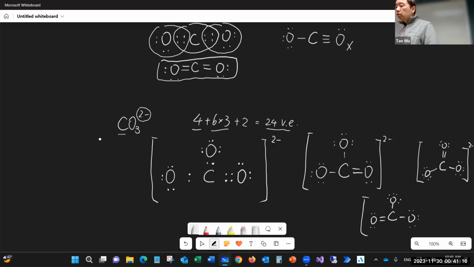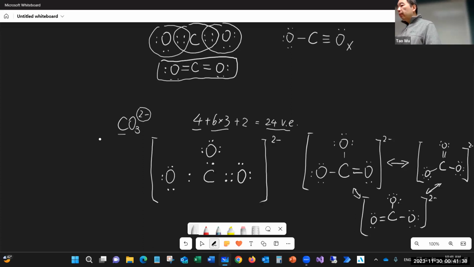Yes, this is also okay. Just to let you know, those 3 structures are generally the same. We give those 3 structures a name: it's called the resonance structure, because they are the same.